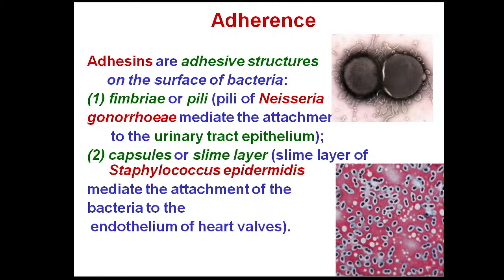No, my dear, this is not Staphylococcus. This is Klebsiella pneumoniae, shown here. But then Staphylococcus epidermidis also may have a slime layer of the capsule that mediates the attachment of bacteria to the endothelium of heart valves, for example.